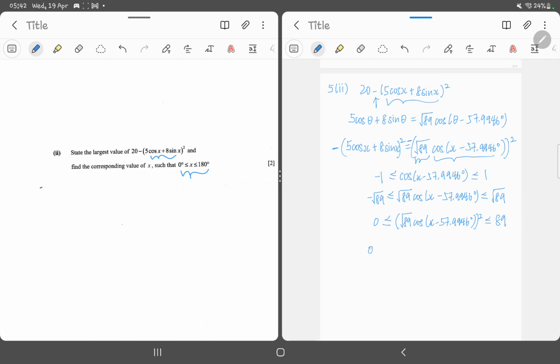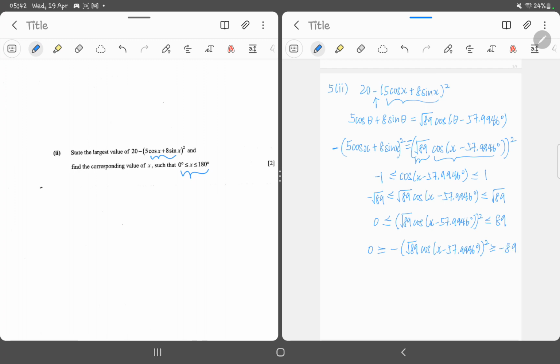So this means that 0 is more than or equals to minus square root 89 cosine x minus 57.9946 degrees square, and more than or equals to minus 89.